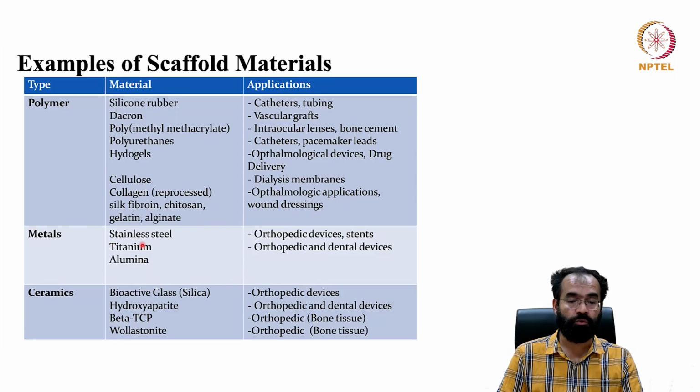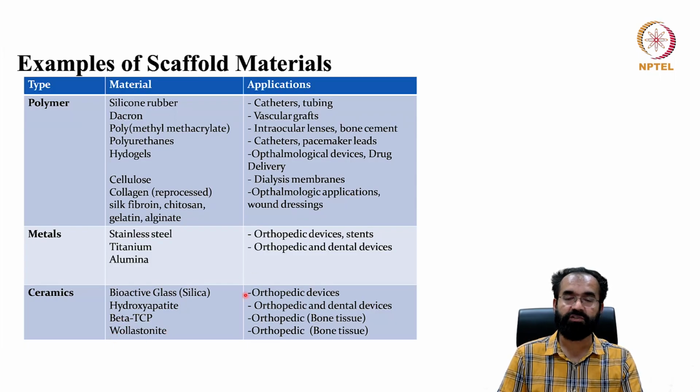And metals include stainless steel, titanium, alumina. They are used as metal examples, mainly for orthopedic devices, stents, orthopedic and dental devices, etc. Ceramics include bioactive glass, mainly silica, hydroxyapatite and beta TCP, wollastonite.